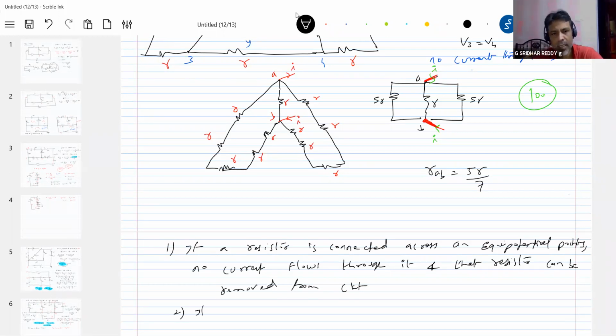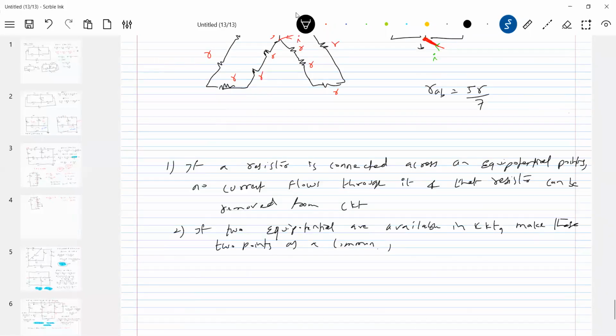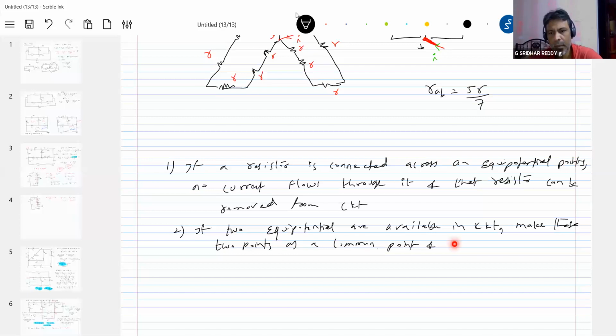Similarly, if two equipotential points are available in a circuit and there is no resistor connected between them, if two or more equipotentials are there, make those points a common point and simplify the circuit.